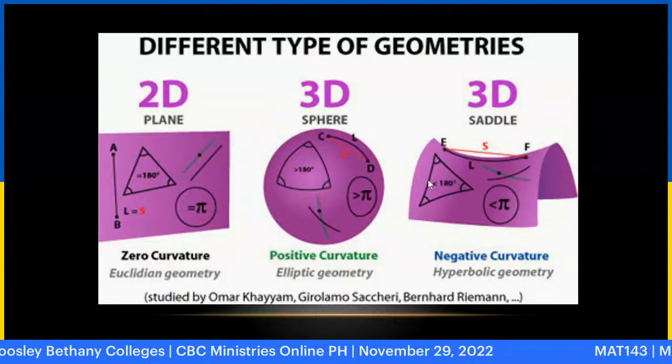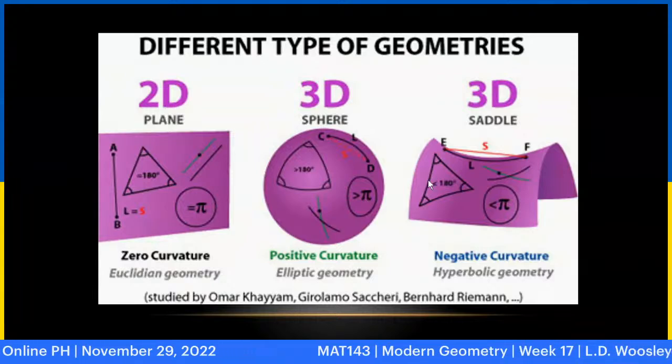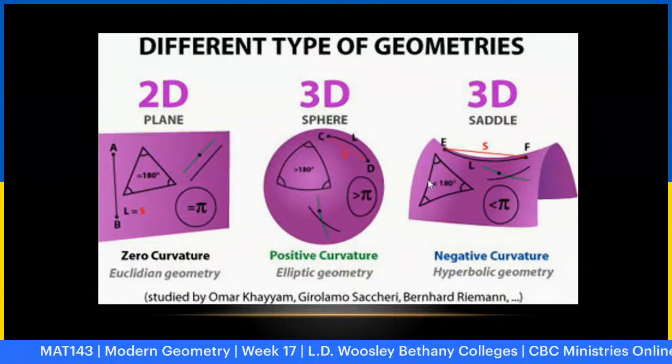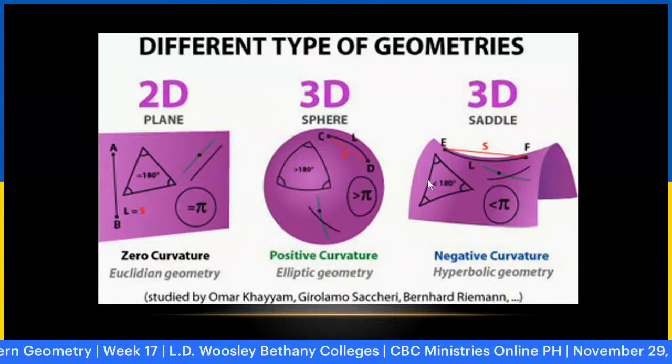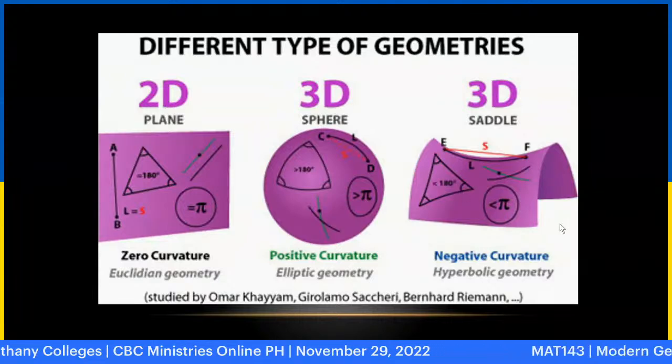Samantalang yung sphere, yung sa atin, habang lumalayo, lalong nawawala. Okay, that's the negative curvature. Questions, clarifications, guys? Right?